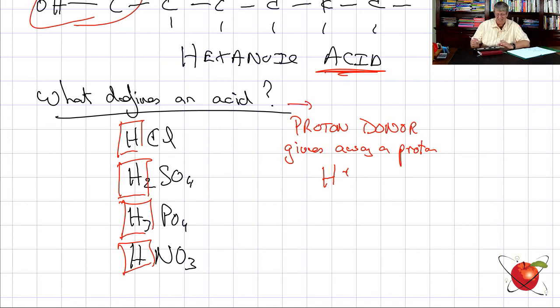So when we put HCl in water, the H moves away. It gets given off, right?